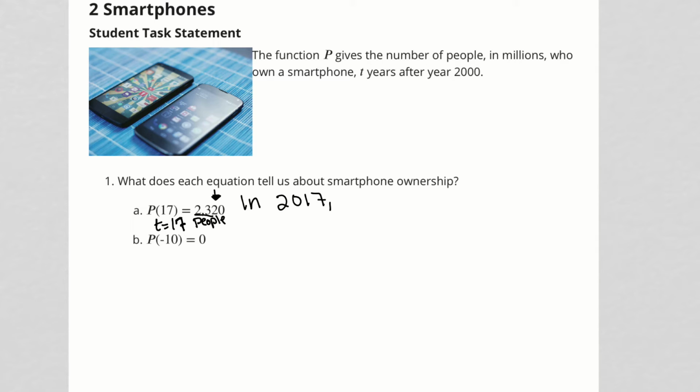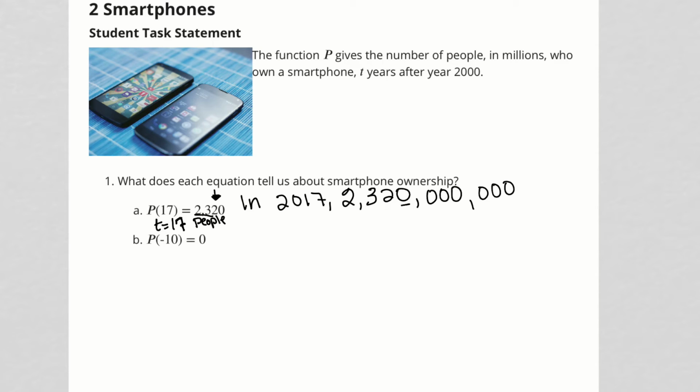So we need to add that many zeros, one, two, three.